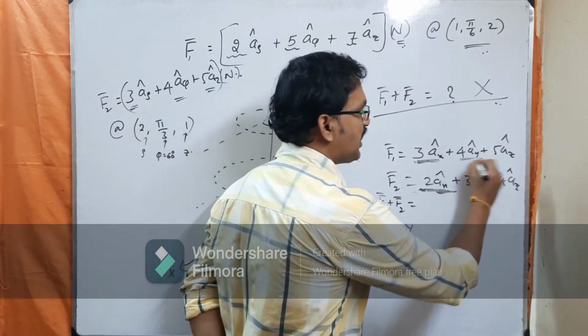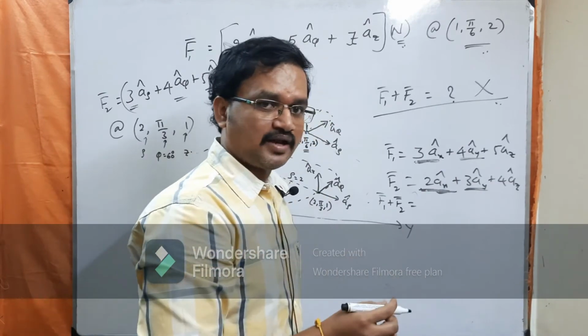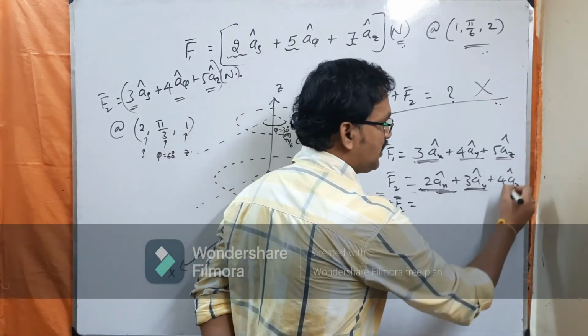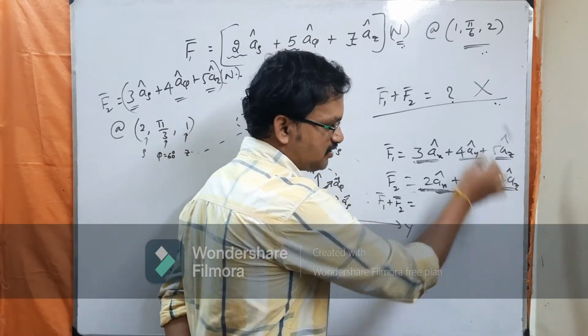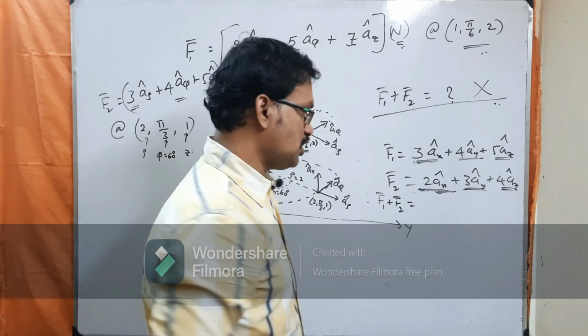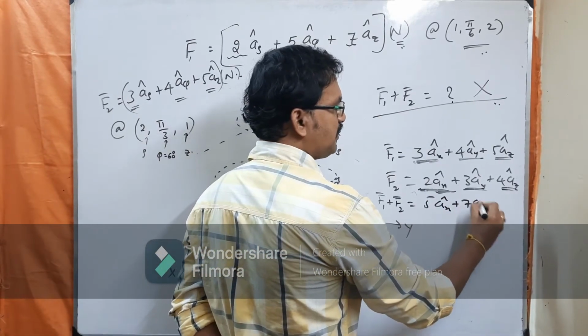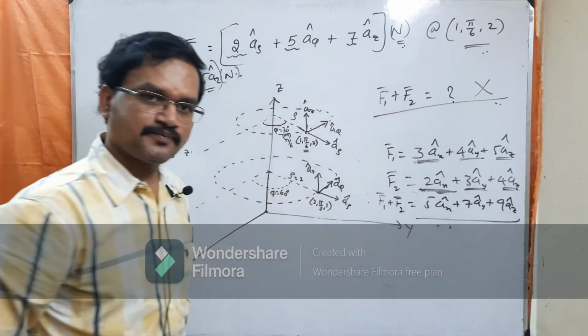And here 4 ay cap and here 3 ay cap are pointing in the same direction, and hence you can add these two components. And az cap and az cap both point in the same direction, and hence you can directly add them. So finally you can write 5 ax cap plus 7 ay cap plus 9 az cap. So you can write directly in this manner. Understood?